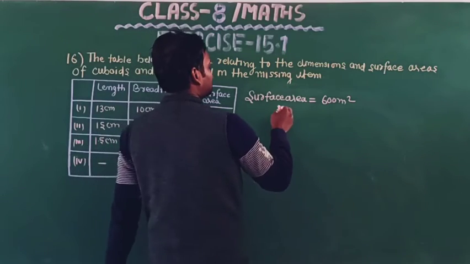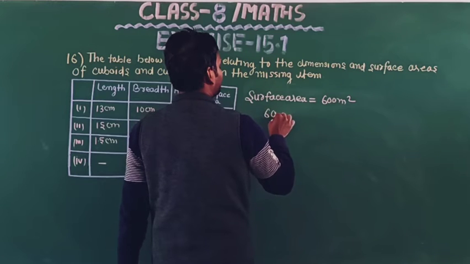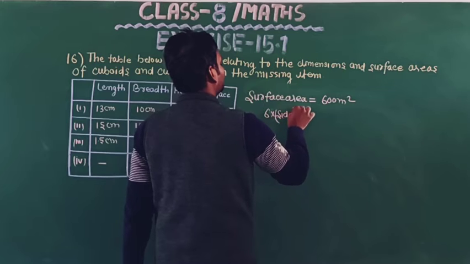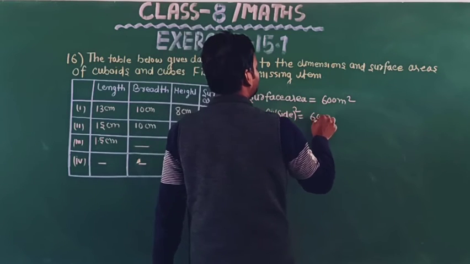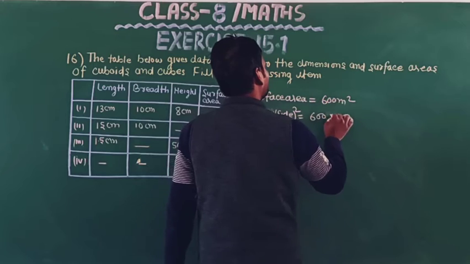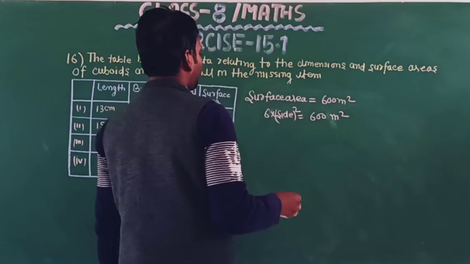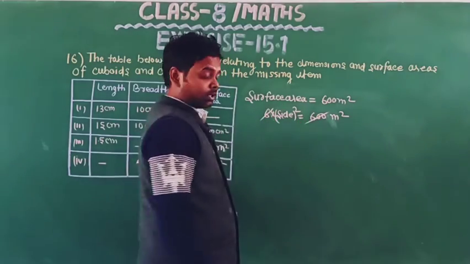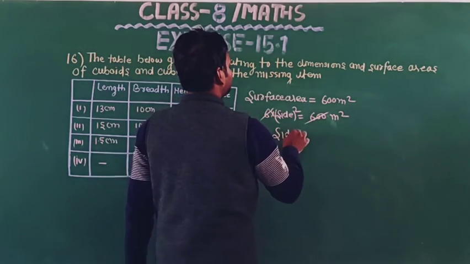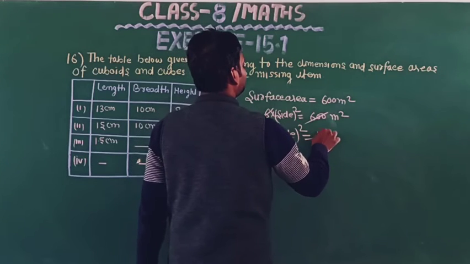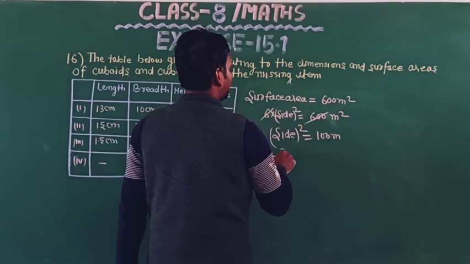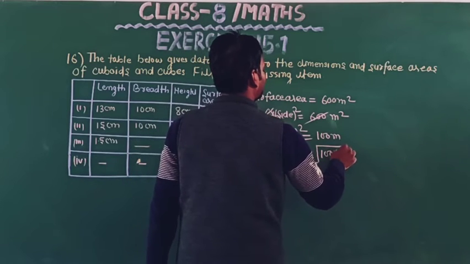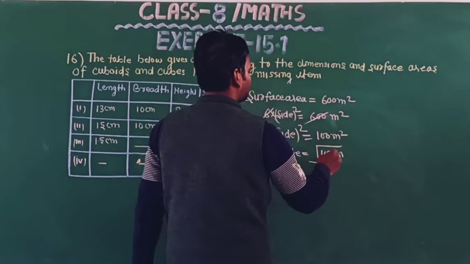So we know the surface area of a cube is 6 into side square. 6 into side square equals 600 m². So we can cancel 600 by 6. So we will get side square equals 100 m², and side equals square root of 100.